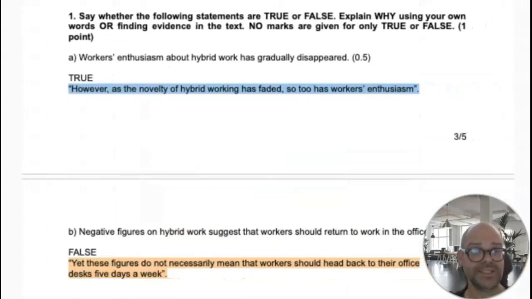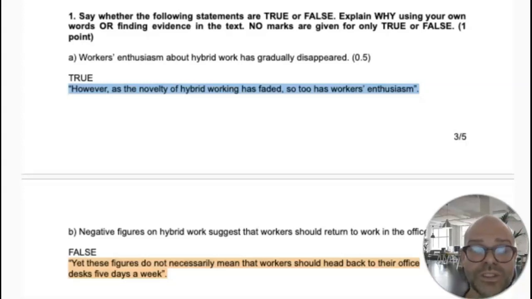The first activity of the reading part is called true or false. In this activity, you have to say if the first and the second statements are true or false, referring to the text that you have read before. It's really important that you give the evidence, otherwise no points will be given to you.